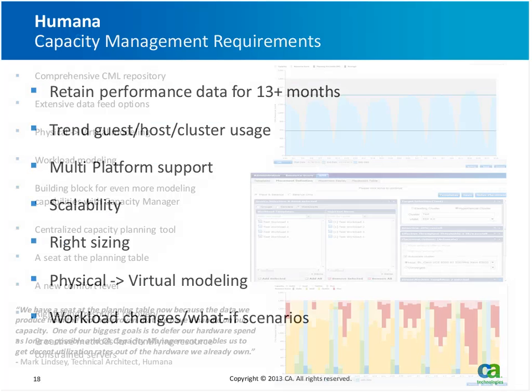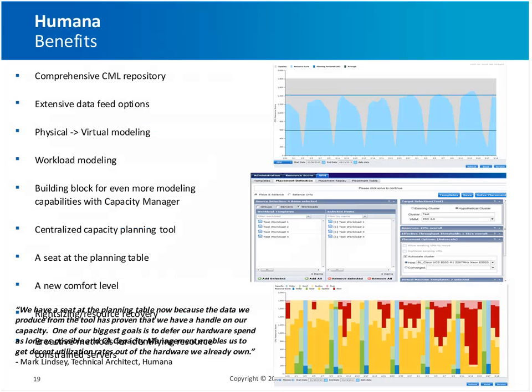And what they were able to do with the product was use the comprehensive component model library repository that comes with CA's capacity management to understand, when they were standing up new applications, to predict and model what this application might look like on a certain configuration of a vBlock, or a Cisco Blade, P-series, and X-series, down to the specific core, speed, memory size, etc.